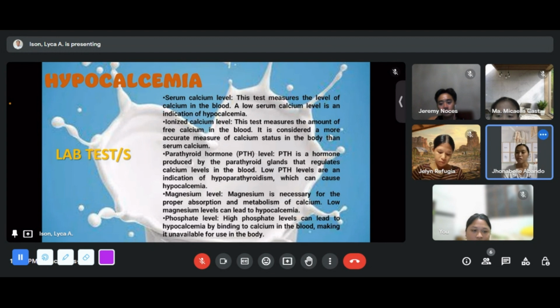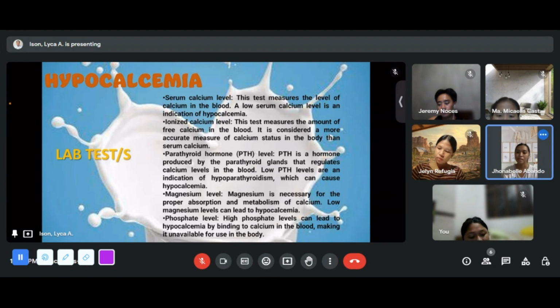For example, kung ang isang neonate ay mayroong prematurity, maaaring maging mababa ang level ng magnesium nito sa katawan. So, kapag mababa ang level ng magnesium, maaaring maka-affect ito sa proper utilization o tamang paggamit ng calcium sa body at mag-cause ng hypocalcemia.